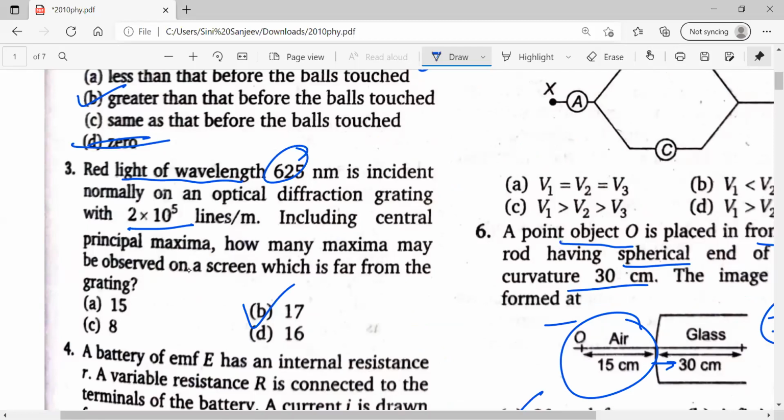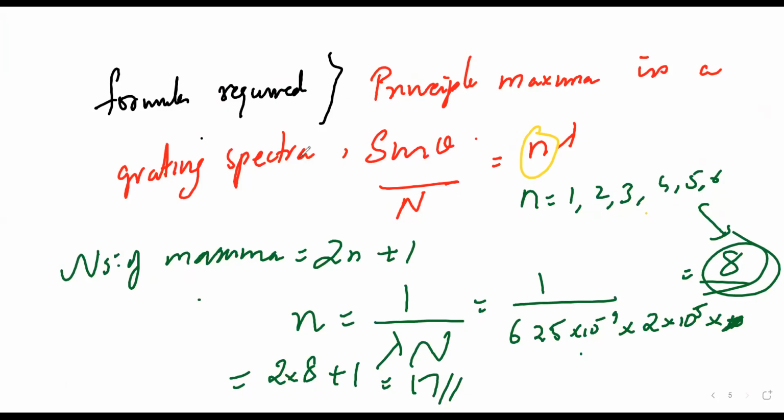But again, we have to be very careful with this. In my mind it went as 6.25 nanometer, so that's why I thought the energy level was 800. Then I came back to the question and found it was 625, so I got 8. I substituted this 8 in 2N plus 1, so 2 into 8 plus 1, and I got 17 as the answer for this.